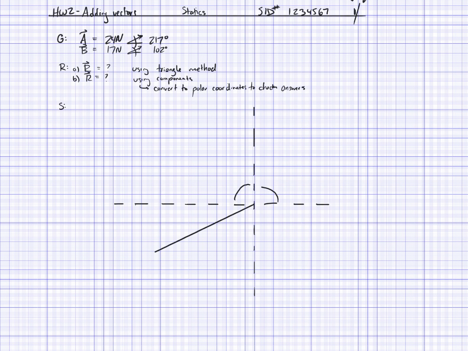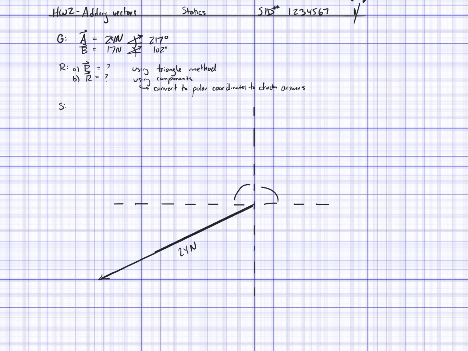I want 24 newtons. So what if I went 24, 48, say we went 9.6 centimeters in this direction? 9.6 centimeters. Okay, boom. That's 24 newtons.